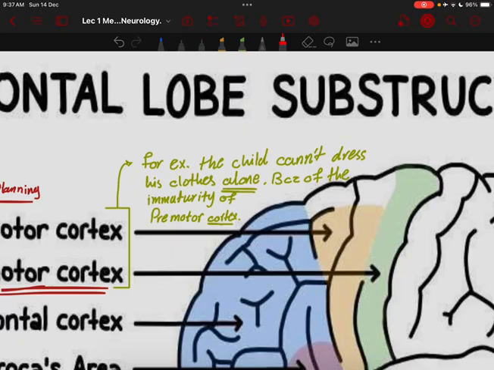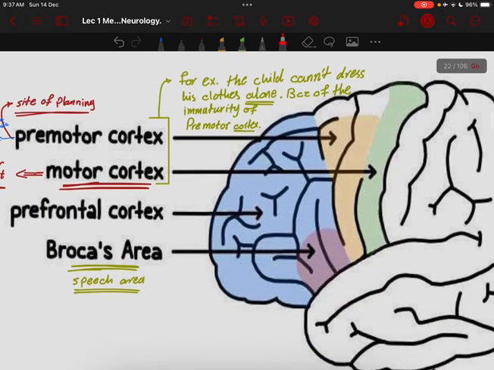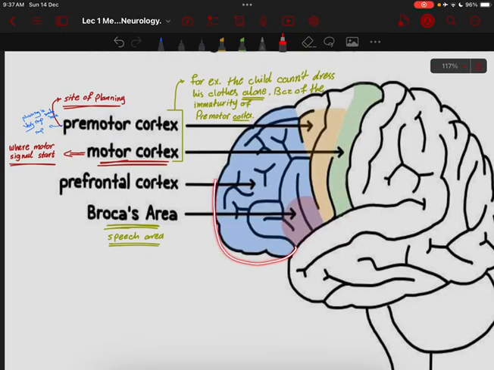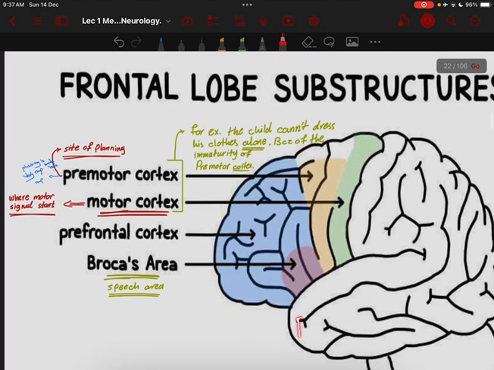The prefrontal, this is the prefrontal. This is the area where the executive function is, how a person manages himself, how he thinks.